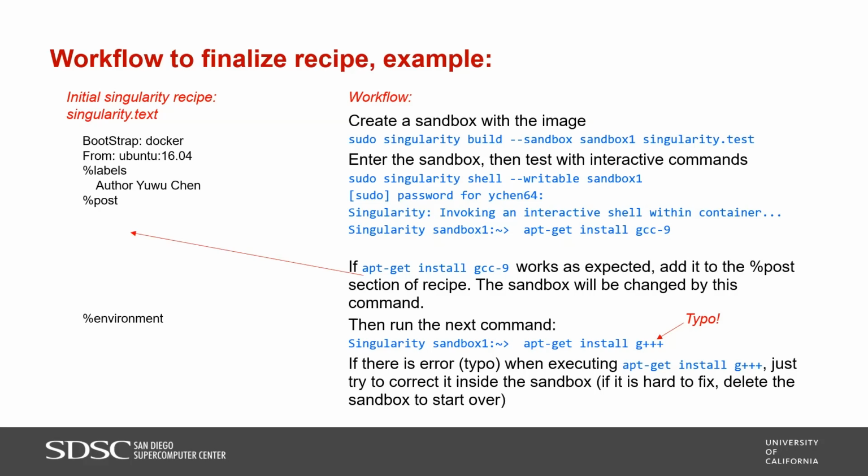I need to correct it. And once I make the correction and make sure this command works, I then add the correct command into the recipe. So that's how the recipe building works. So I will have my final recipe that will be used for the image building.